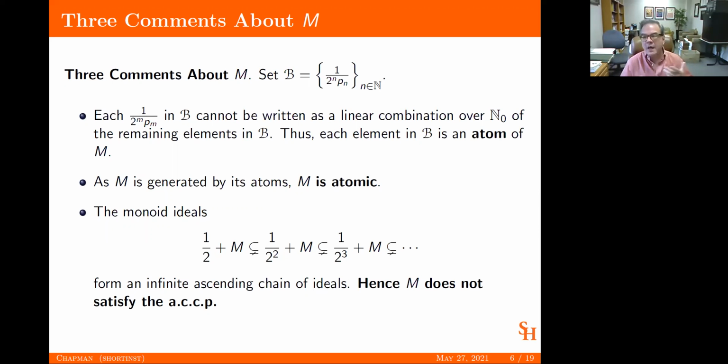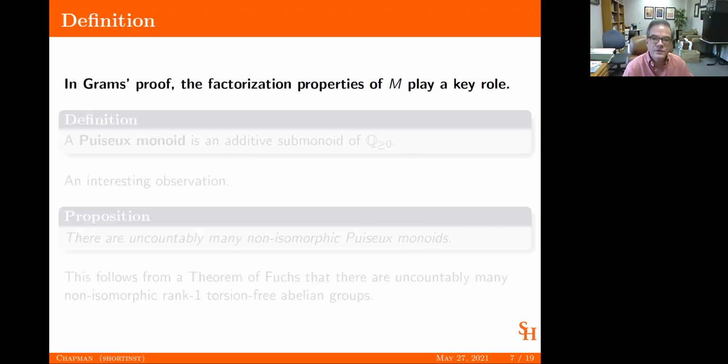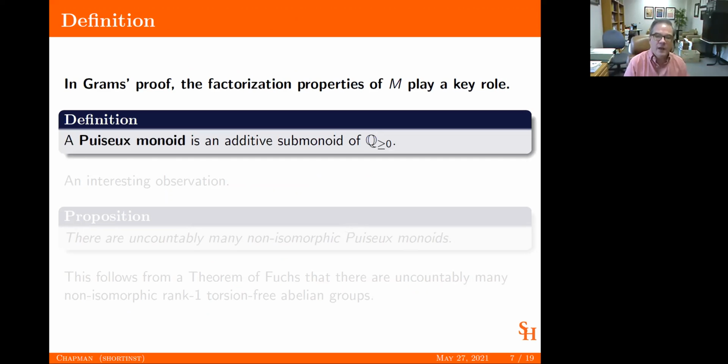And if you get into Grams's example and tear it apart, you see that the factorization properties in M that I just went over play a key role. So there's some interesting things about looking at these Puiseux monoids. And I guess I should start by defining a Puiseux monoid.